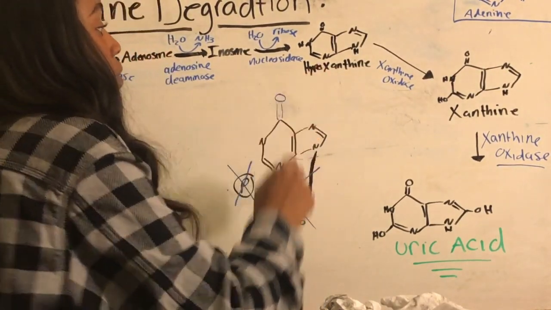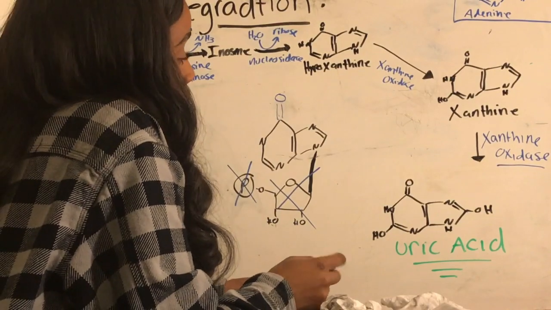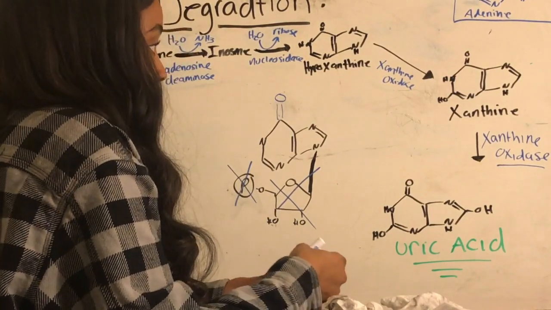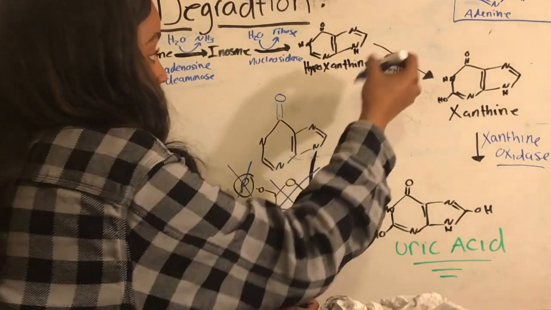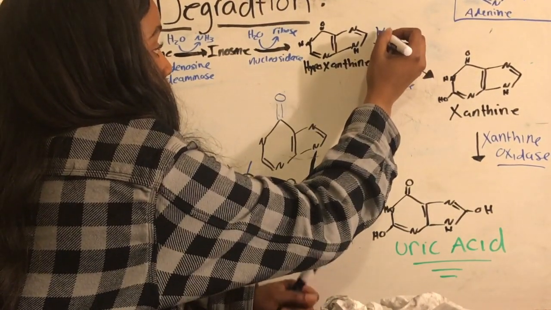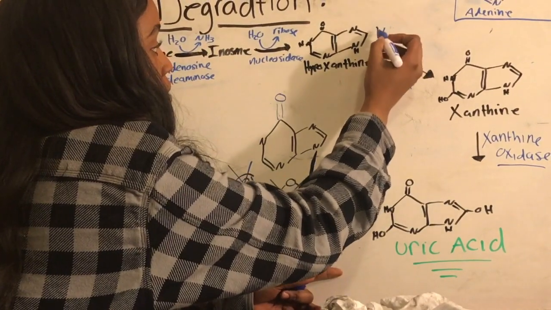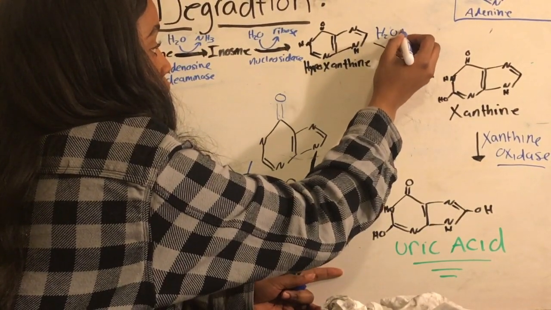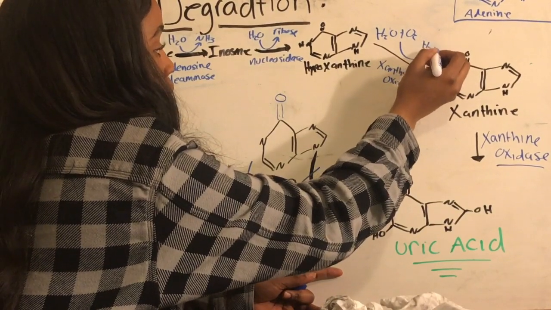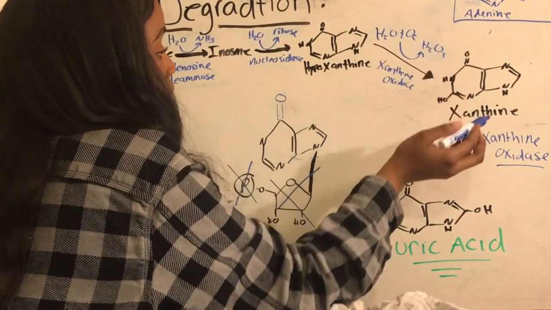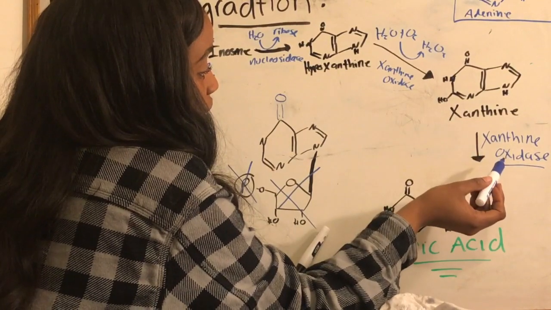Now we have hypoxanthine, and that's going to be oxidized with xanthine oxidase, coupled with the reduction of oxygen, to get us xanthine.